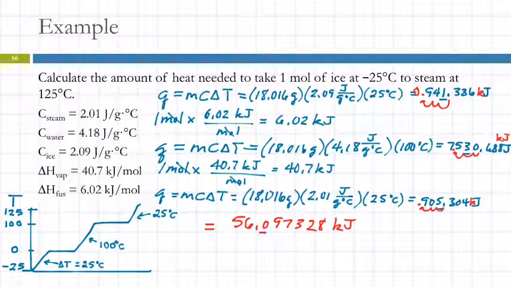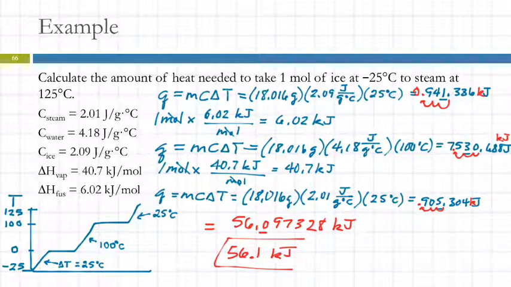So this is going to be rounded off here and I report this as 56.1 kilojoules. And again, I did the significant figures there assuming that the temperatures were exact or at least more precise than what was specified. Any questions?